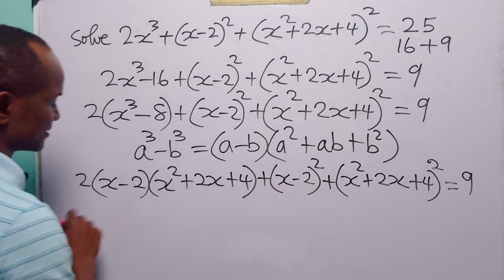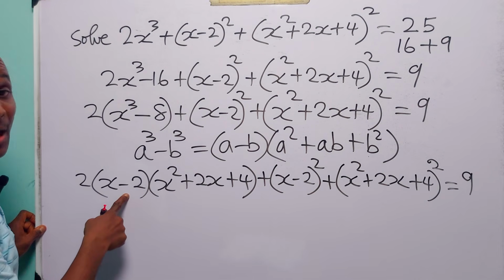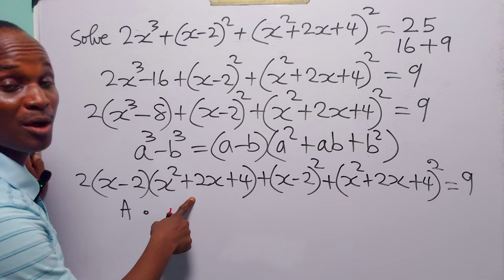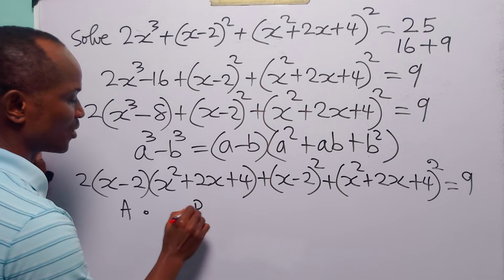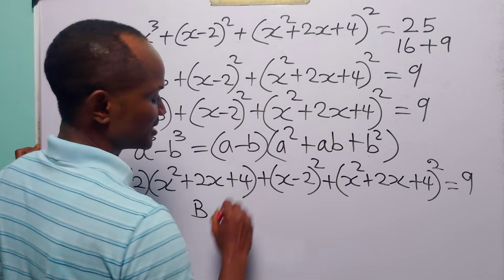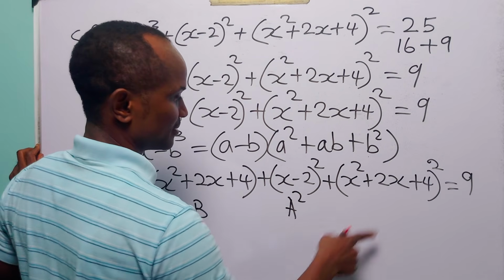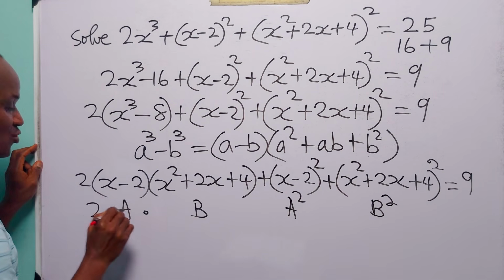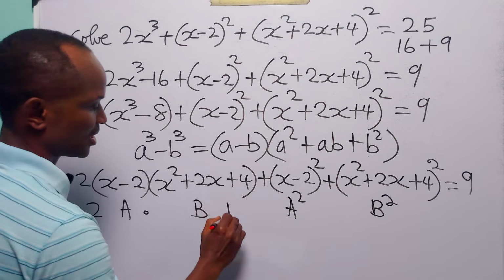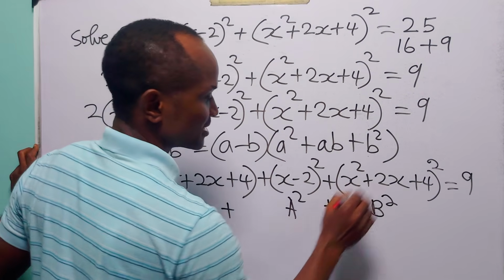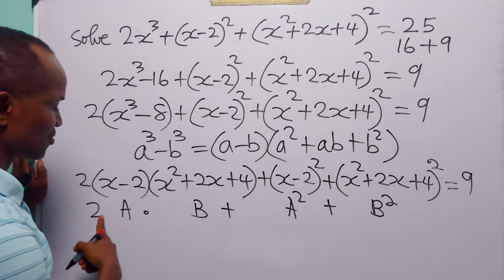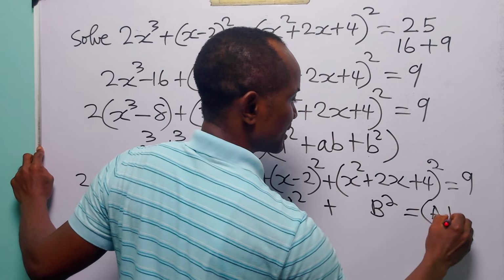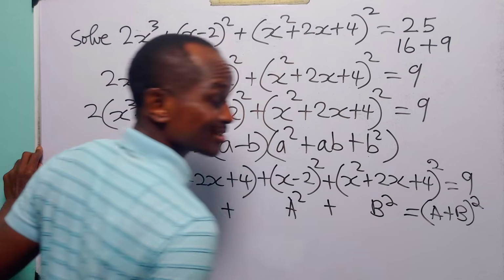Now let us look at this. If x minus 2 is equal to a, and x squared plus 2x plus 4 is equal to b, then of course this is going to be a squared, and this is going to be b squared. This is 2 times a times b plus a squared plus b squared. And of course, you know that this is the expansion for (a plus b) squared.